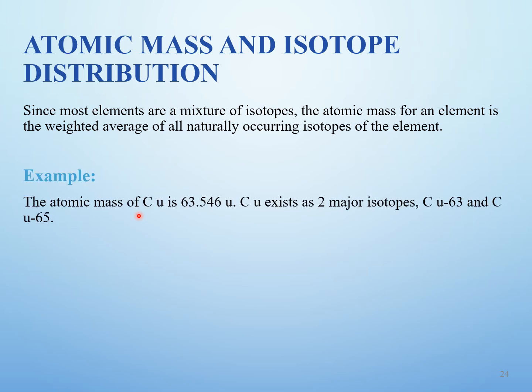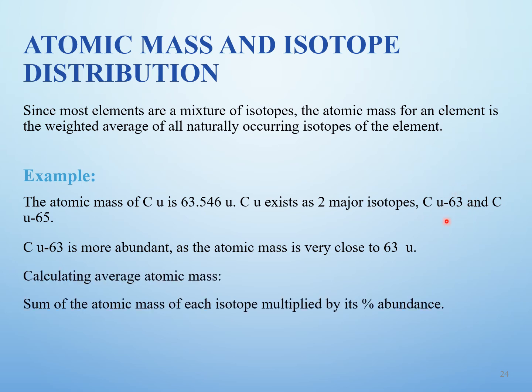So if we take a look at copper, the atomic mass of copper, if you see on a periodic table, is 63.546 AMU, atomic mass unit, and copper exists as two major isotopes, which are copper-63 and copper-65. So copper-63 is more abundant, and so the atomic mass is very close to 63 because it's close to the mass of copper-63.